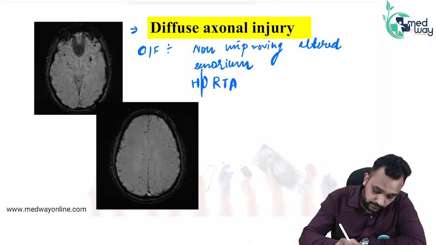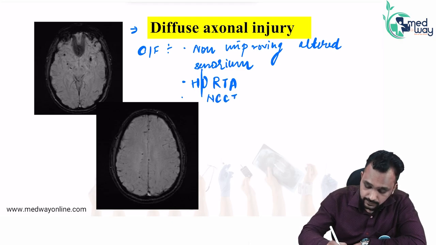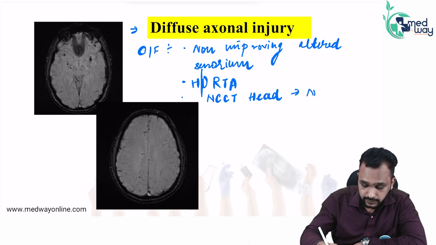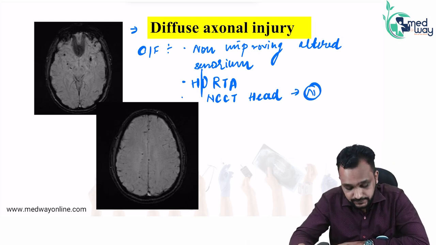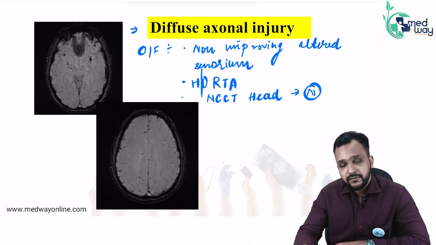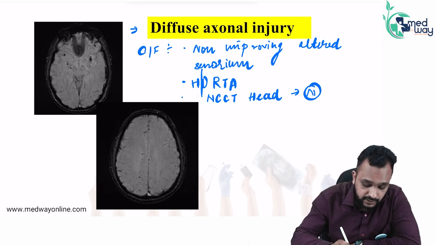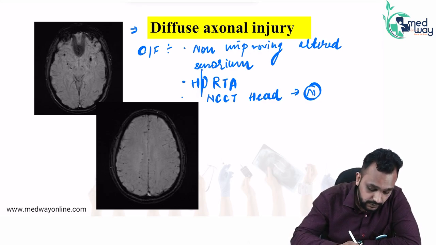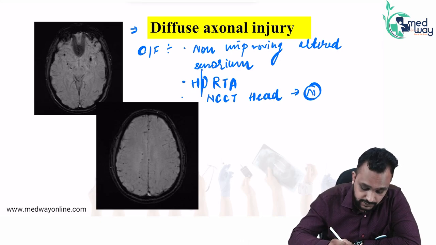And the third important point in these patients is that NCCT head can be completely normal in these patients, right? So these are the three important features in patients with diffuse axonal injury.